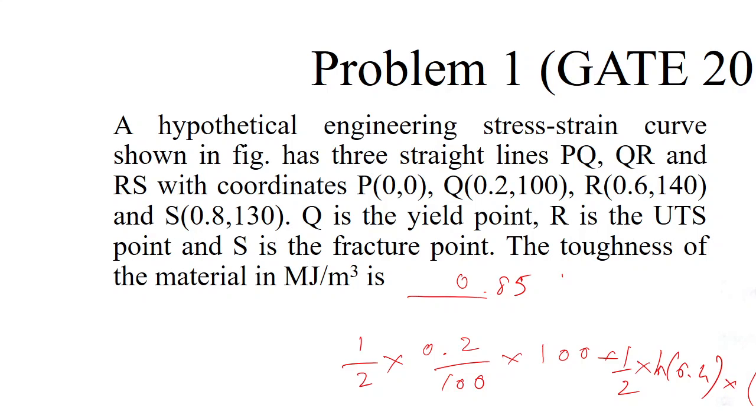Then the next trapezium will be half into h. h will be 0.8 minus 0.6, which is 0.2. Here I forgot the 100. So 0.2 divided by 100 into 140 plus 130. If you calculate, it turns out to be 0.85 megajoule per meter cube.